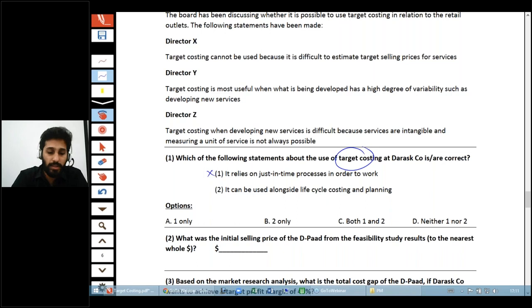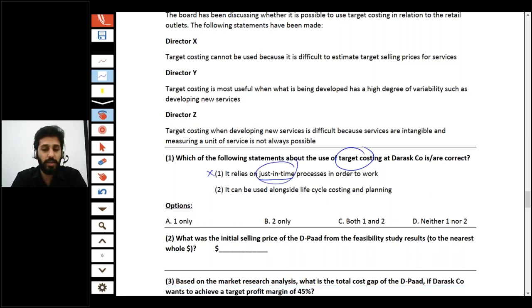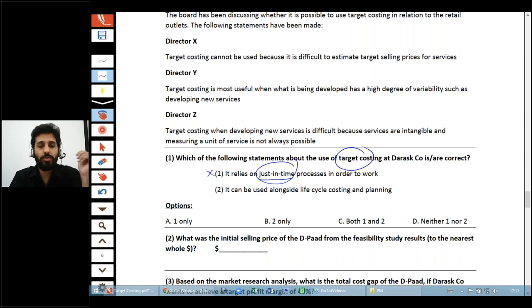So, does it rely on just in time? And what is just in time actually? Just in time says that you do not need to hold too much closing inventory. When you have too much closing inventory, there is a chance of increasing the holding cost, and so your profitability could be reduced.